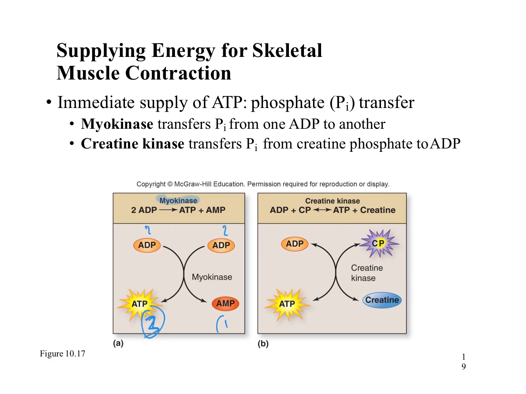And the other molecule is going to have 1. 3 plus 1 is still 4. Okay? We're just shuffling so we can use the ATP for other stuff. Make sense? Okay. The other enzyme is called creatine kinase. All right? Creatine kinase.